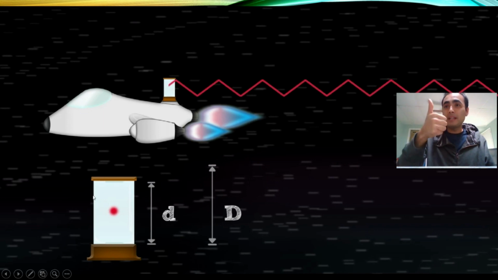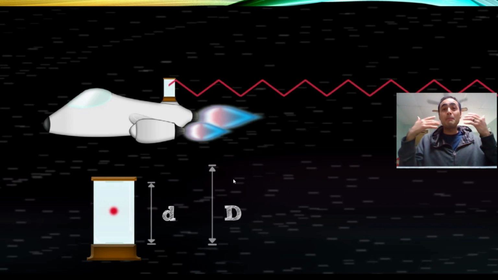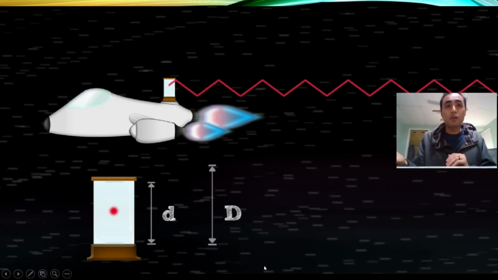In order for the speed of light to be the same, if this distance is more, the time has to be more. And what that means is that the person inside the plane, who's only seeing the beam travel like this, is experiencing time more slowly than the person that's not moving.